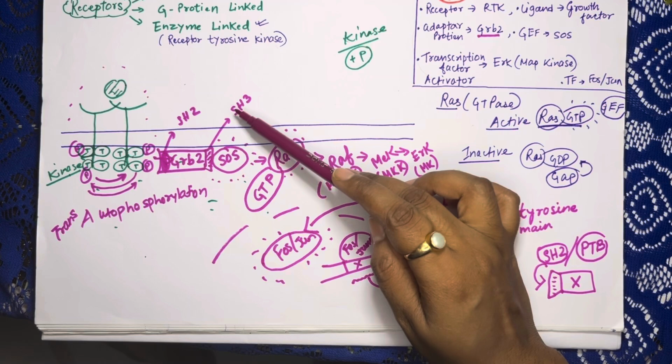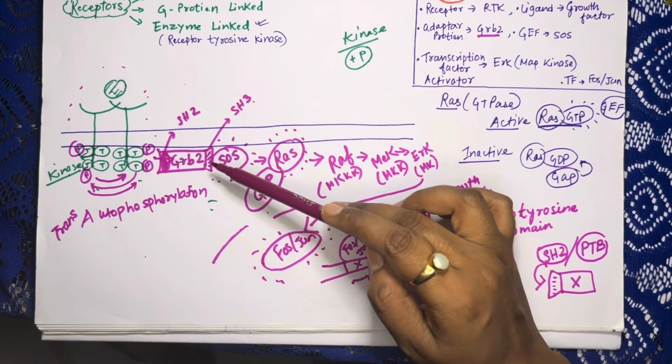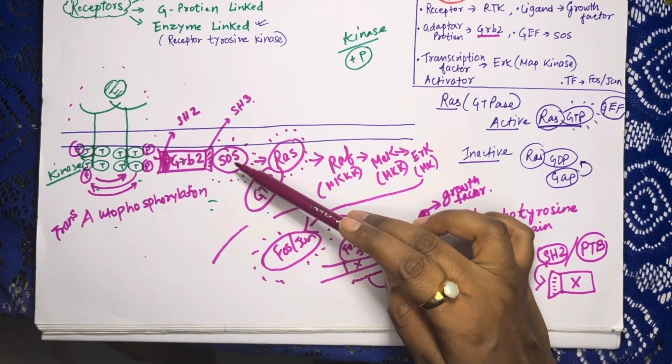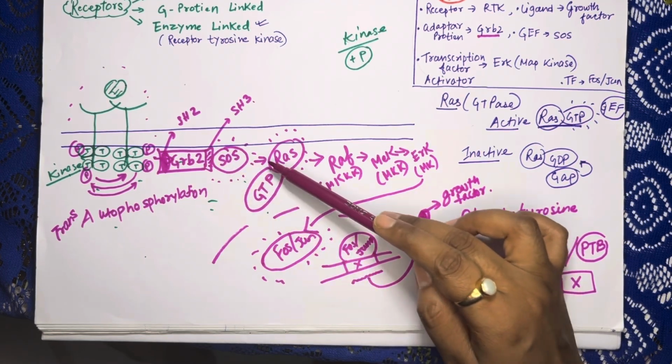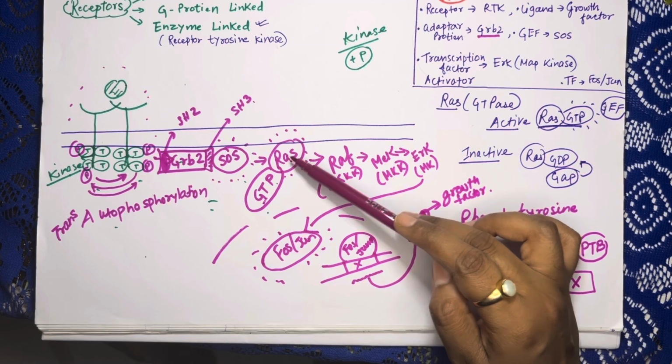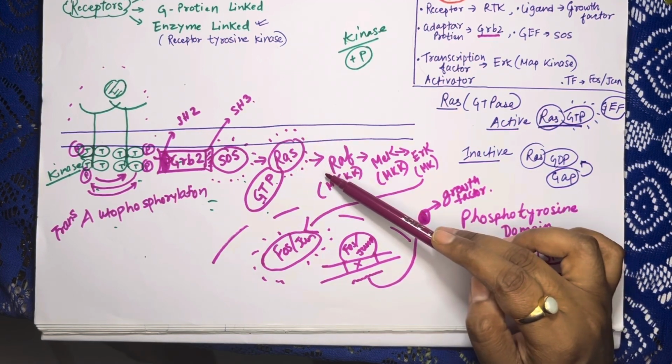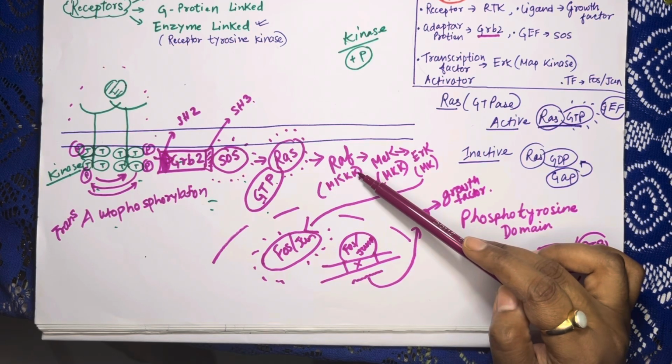GRB2 has another domain which is called the SH3 domain. With the help of the SH3 domain, it will bind with SOS. SOS is acting like a GEF, so it will add GTP to the RAS. Upon addition of GTP, RAS will get activated, and RAS will activate RAF, which is MAP kinase.